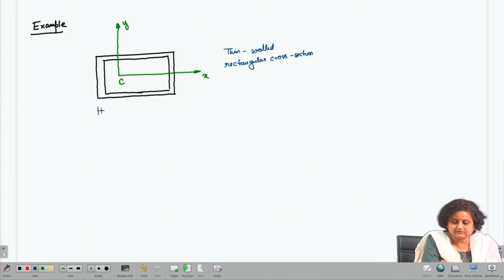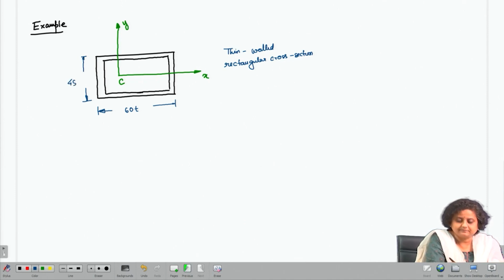This dimension is 60 T. This dimension is 48 T. This thickness is 2 T. This thickness is T. This thickness is T. And this thickness is 3 T.